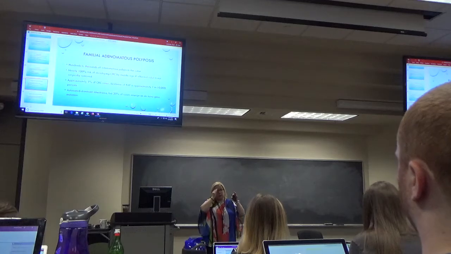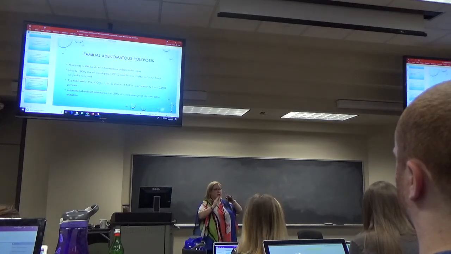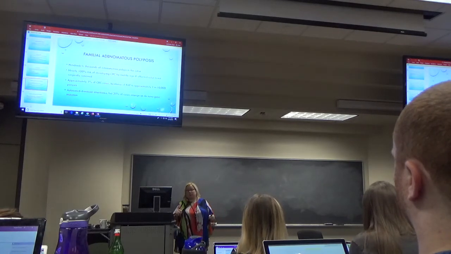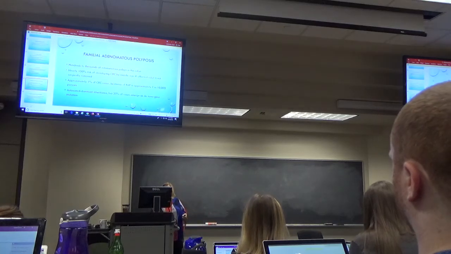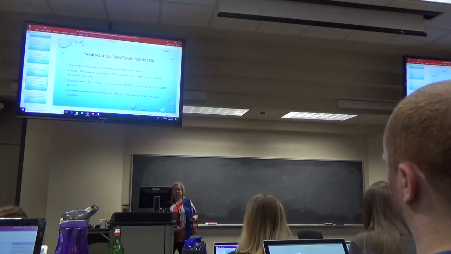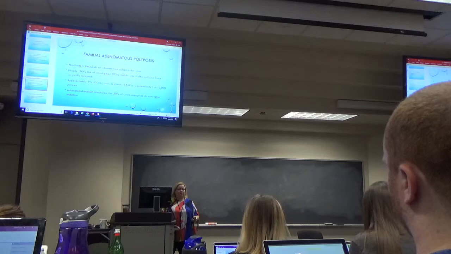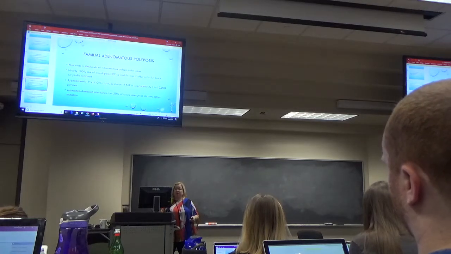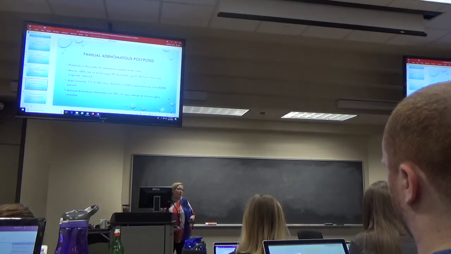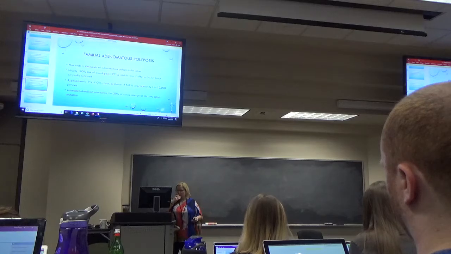Typically what they need to do is take out that segment of the colon and remove it. There's only a small percentage of cancers from this cause, but it's something you need to be aware of and make sure we monitor.